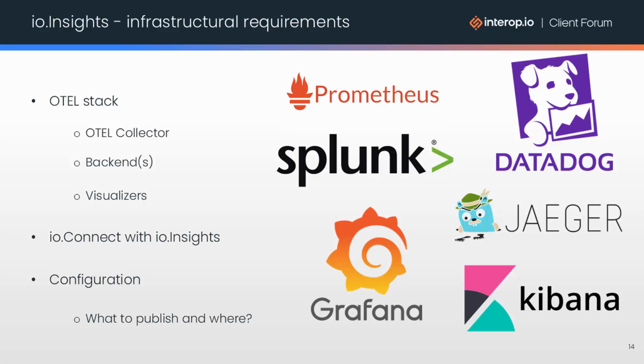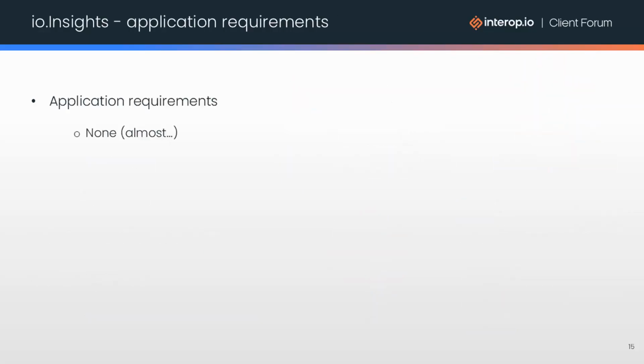On the application level, as stated before, you don't need to do much to start benefiting from the stock instrumentations. The only requirements are that your applications are running in an io.Insights enabled version of io.Connect, and that they're using an up-to-date version of the io.Connect client libraries, which means that if you're using the auto-injection feature, they'll start publishing telemetry without needing any rebuilding.